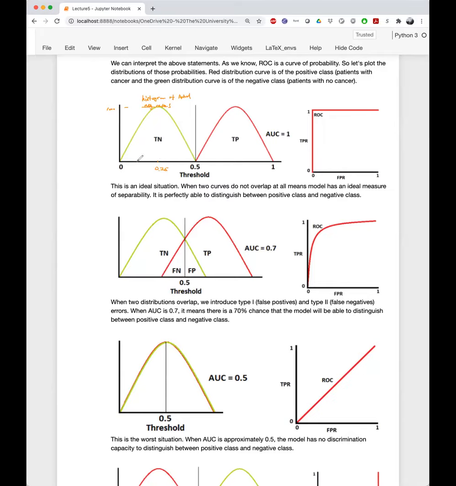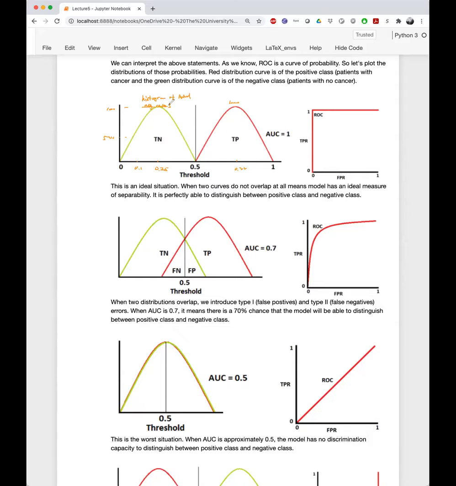Corresponding to this point here, maybe 0.1, there are maybe 500 cases. Same thing for the true positive cases. Corresponding to 0.75, there are 1,000 cases. And similar. So you can think about it as the histogram of actual negative cases and actual positive cases.